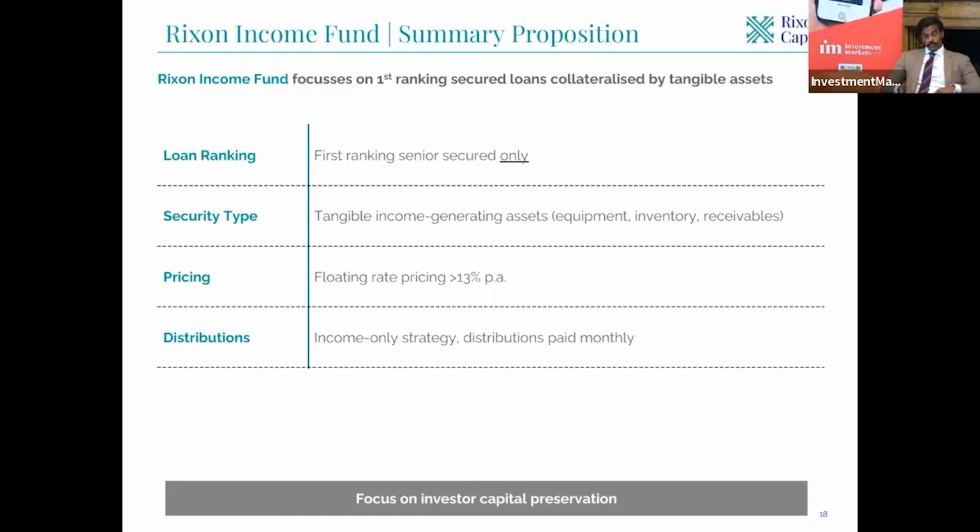Our March return, which will be paid in a few weeks, will be 0.87%. Our April return, which we've already got visibility of, will be a solid 1% cash return. We're an income-only strategy, but given our focus on capital preservation, it's a very, very good risk reward proposition.